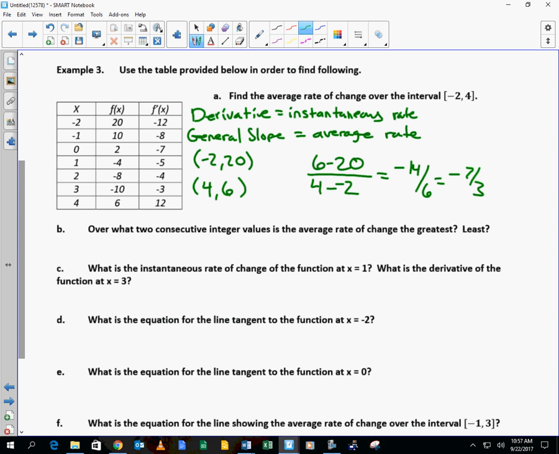Consecutive. What would be the slope if we were to find it between these 2 points? -10, right? How about here? -8, -6, -4, -2, +16. So it's greatest between what two values?